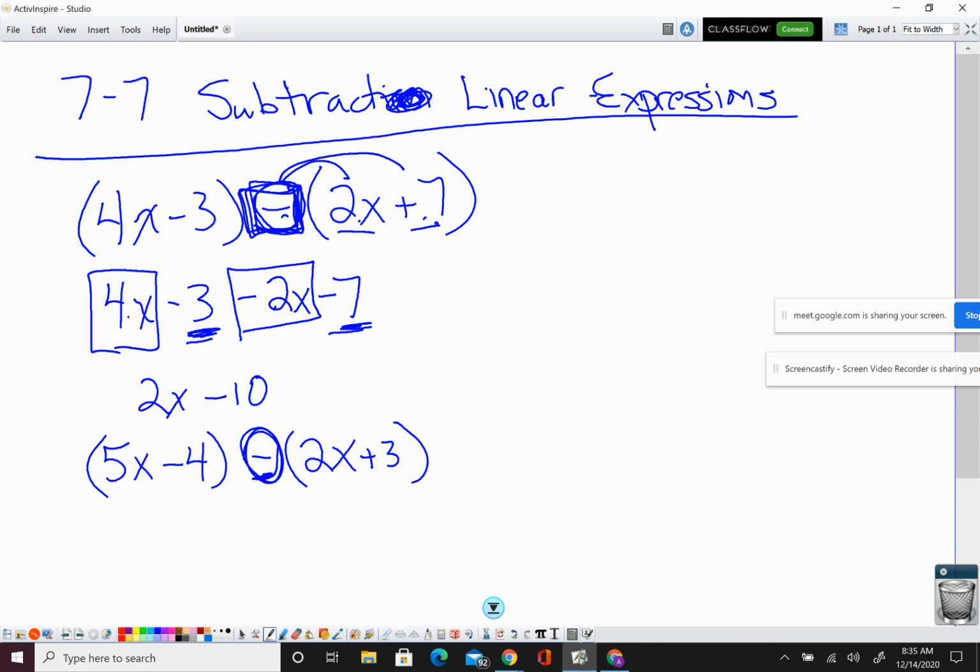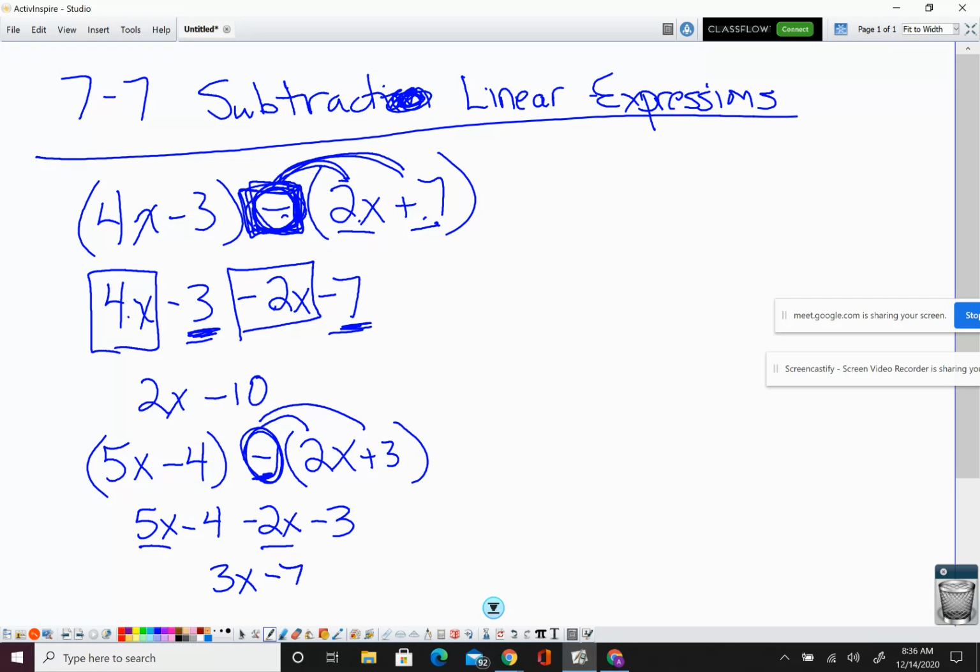So we have the -3 and we have the -7. Whenever you see a negative sign in front of a parentheses, you're going to change the sign of everything in there. In this case, we have this negative here. It's going to get distributed out over both of those. Positive 2x becomes -2x, and a positive 3 becomes a -3. And then we gather like terms from there.